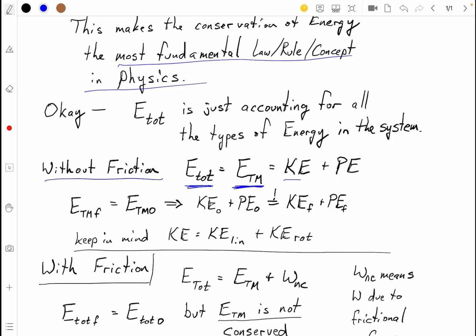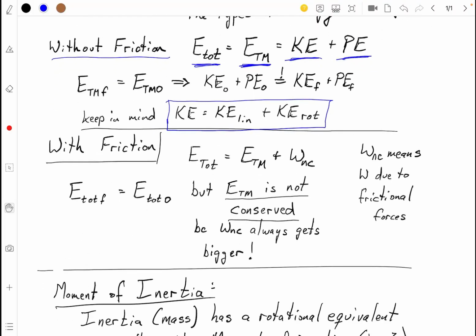The total mechanical energy is all the kinetic energies plus the potential energies. But you have to keep in mind your kinetic energy is both the rotational kinetic energy and the linear kinetic energy. So you have to remember that.